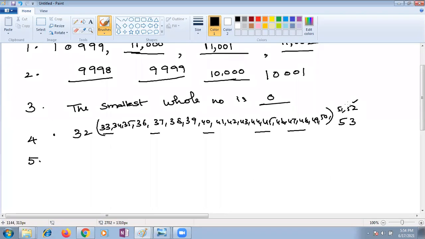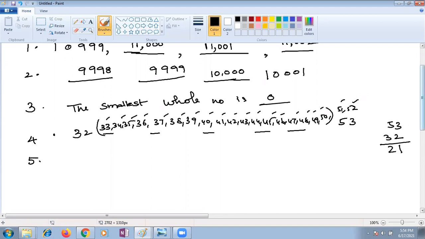How many are there? 1, 2, 3, 4, 5, 6, 7, 8, 9, 10, 11, 12, 13, 14, 15, 16, 17, 18, 19, 20. Why did you say 21? I know you are subtracting like that: 53 minus 32, and you are getting 21.